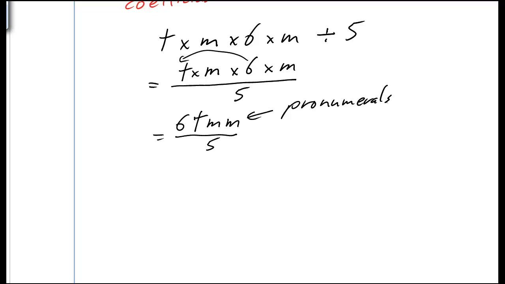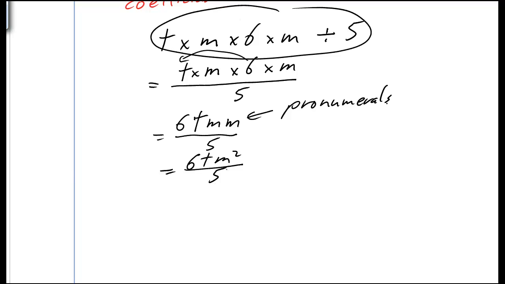So if I ever use the term pronumerals, that means letters like T, M, etc. Now, m times m is actually m squared. So you can replace the m times m with m squared. So that'll be this equation up here, rewritten and simplified in normal algebraic convention.